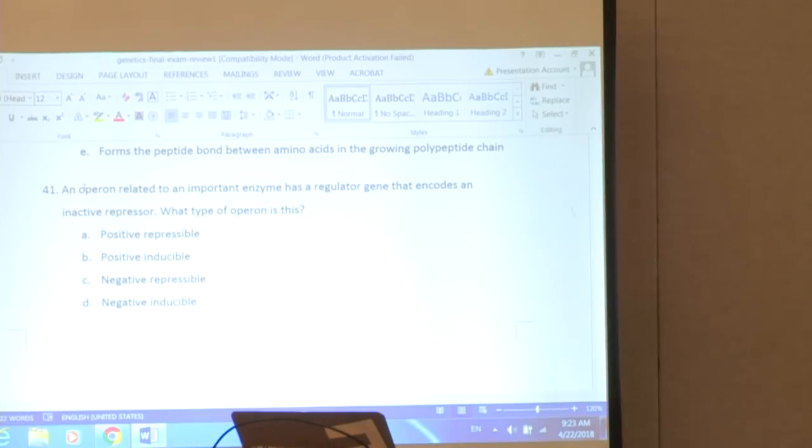And if it was a negative inducible, the repressor would be active. Right, because we can induce this thing to be on, so if we can induce it to be on, that means it's off. And if it's off, it probably has an active repressor initially. For this one, it is negative repressible.